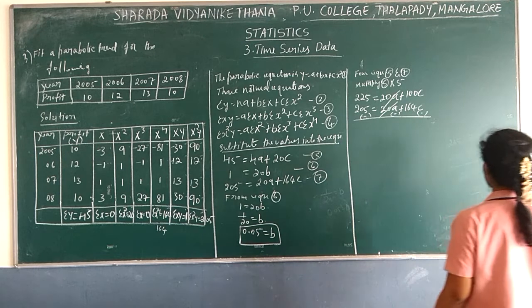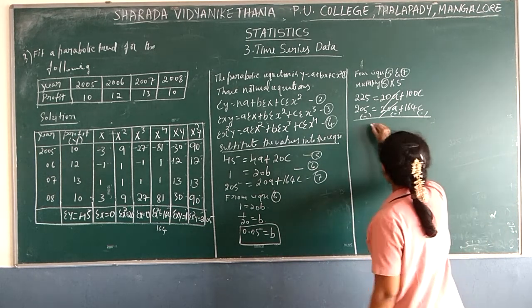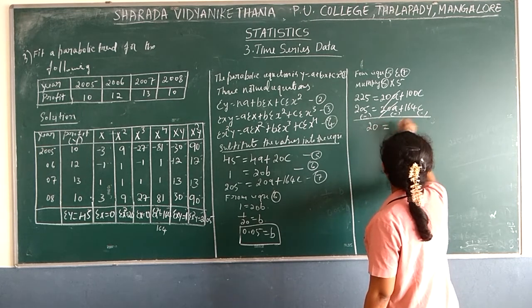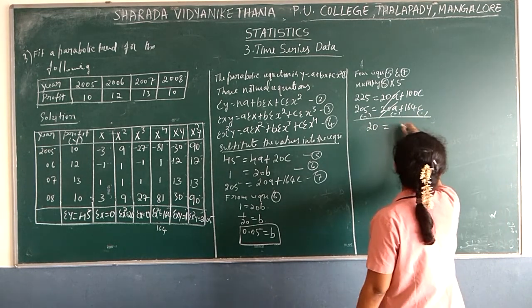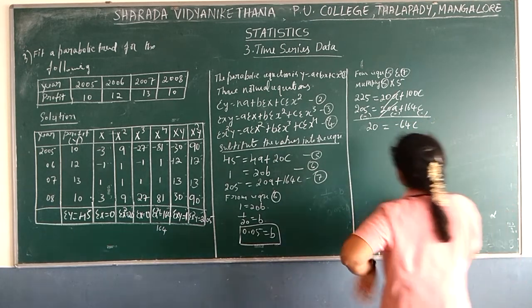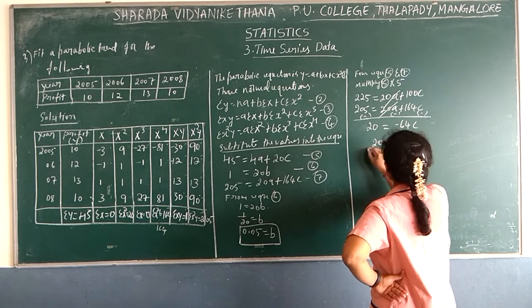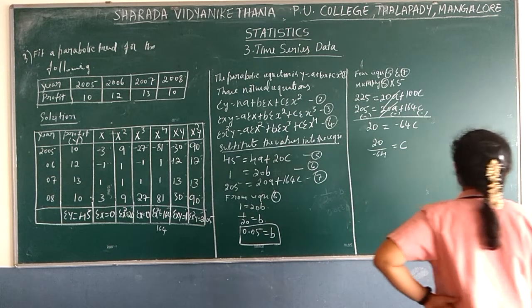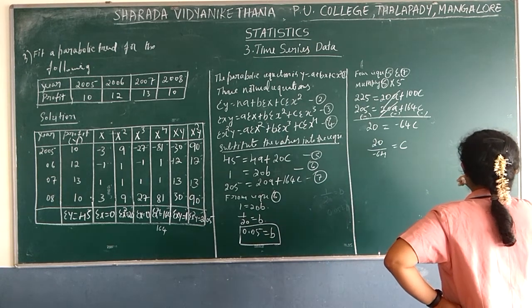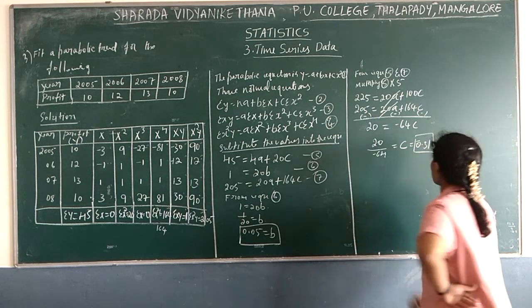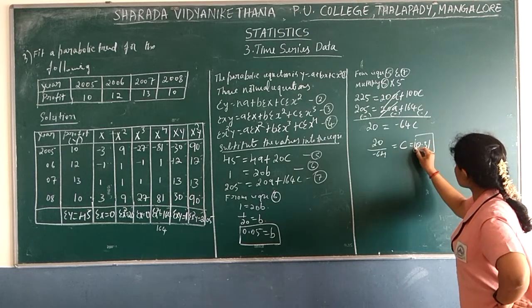Here 225 minus 205, that is 20. Here minus 64c. So now 20 divided by minus 64 is equal to c. So we get the value of c as minus 0.31.